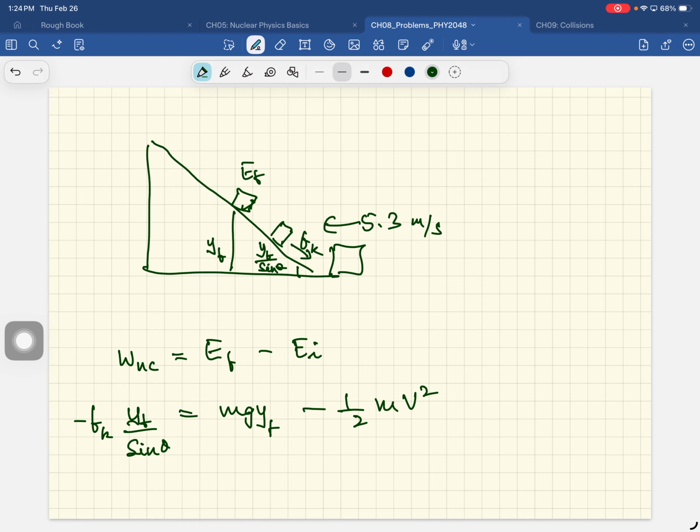All right, so what are we calculating? We're calculating Y final, how far up it goes. Did you guys understand this? That was the hypotenuse that we calculated. So minus mu k times mg cosine theta Y final over sine theta equal to mg Y final minus 1/2 mv squared.